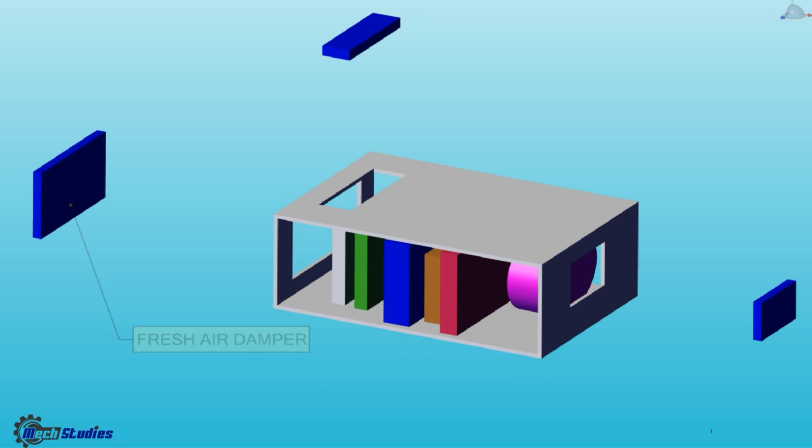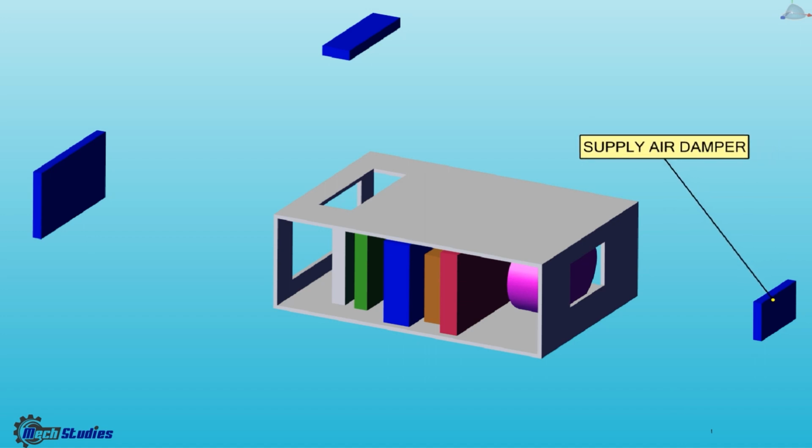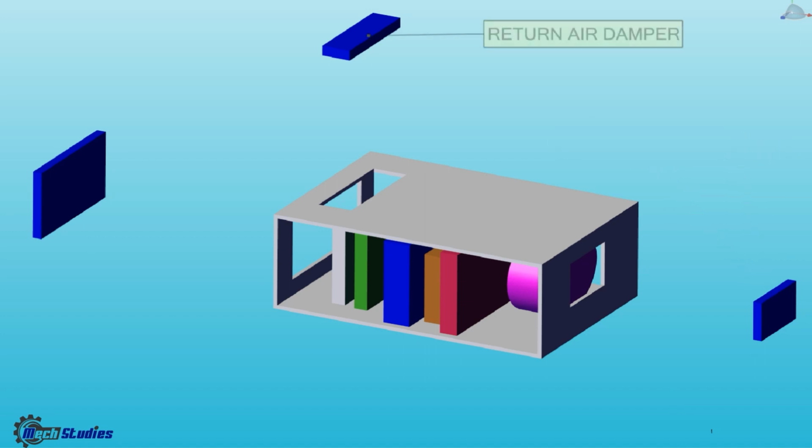The damper placed at the supply air side is called the supply air damper, and the damper placed at the return air path is called the return air damper. We will learn all the individual components of the air handling unit in our subsequent videos. Here we are just giving a brief idea of AHU components in this block diagram.